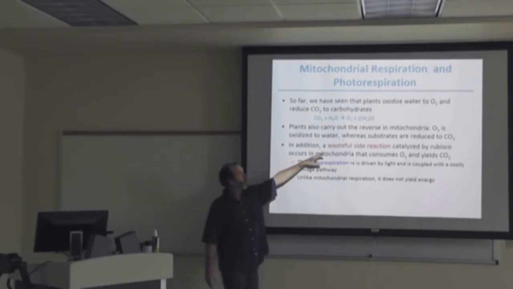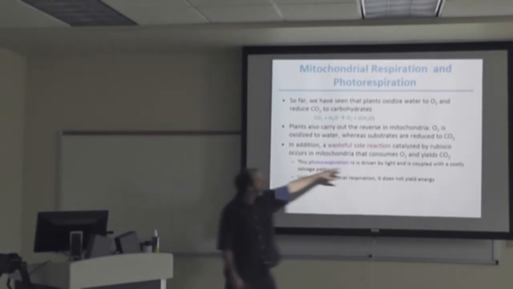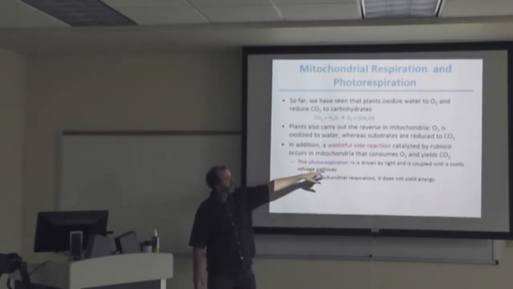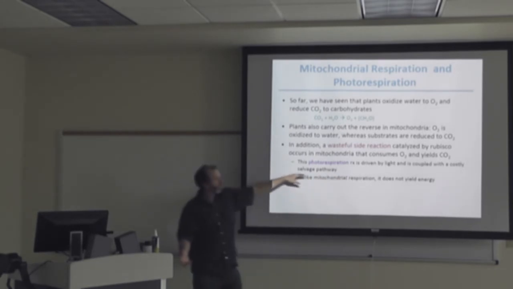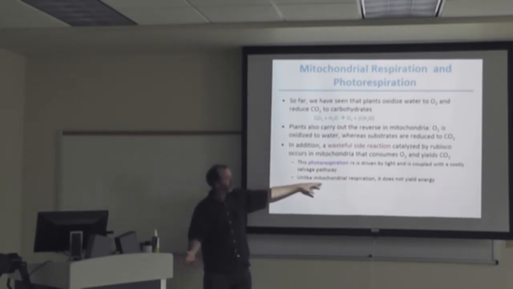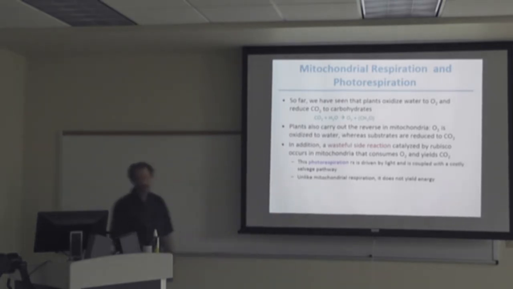In addition, a wasteful side reaction catalyzed by Rubisco occurs that consumes oxygen and yields carbon dioxide. This photorespiration reaction is driven by light and is coupled with a costly salvage pathway. Unlike mitochondrial respiration, it does not yield energy.